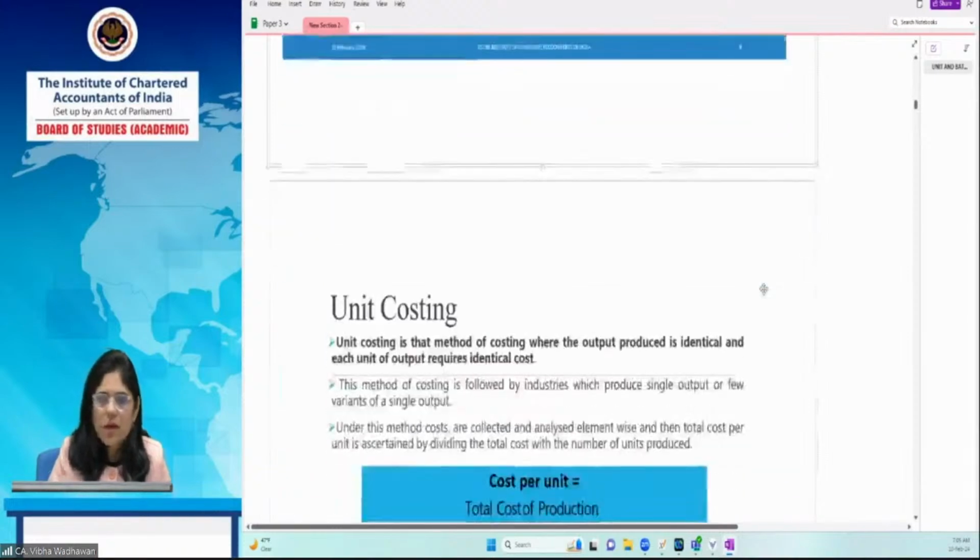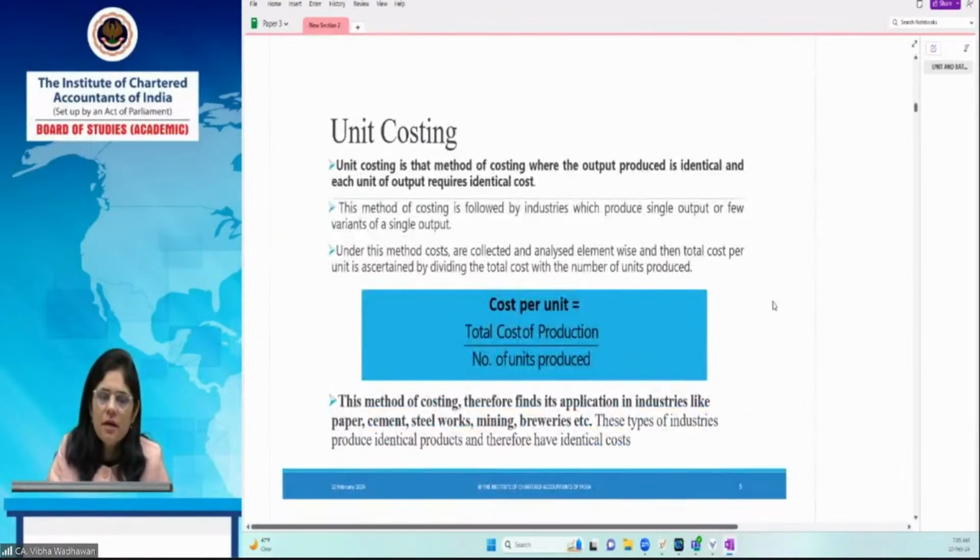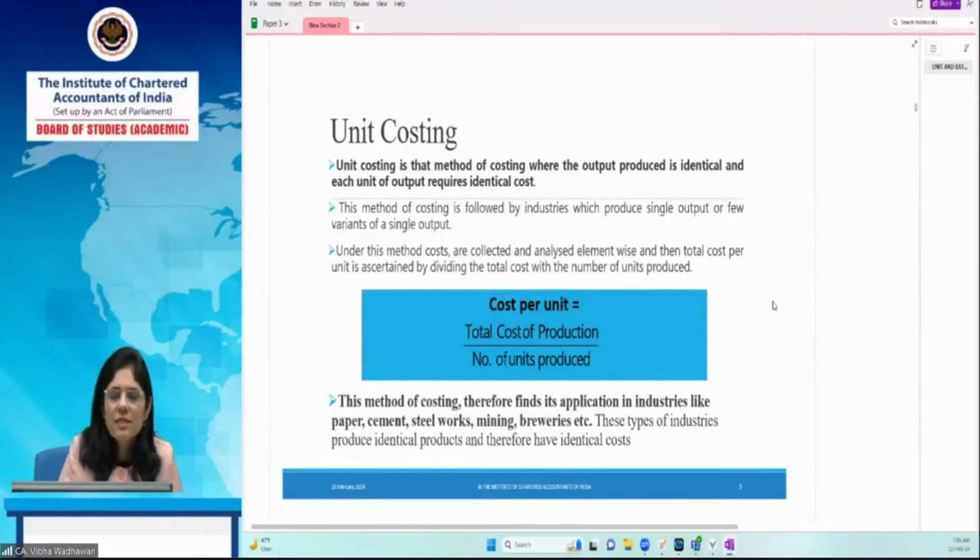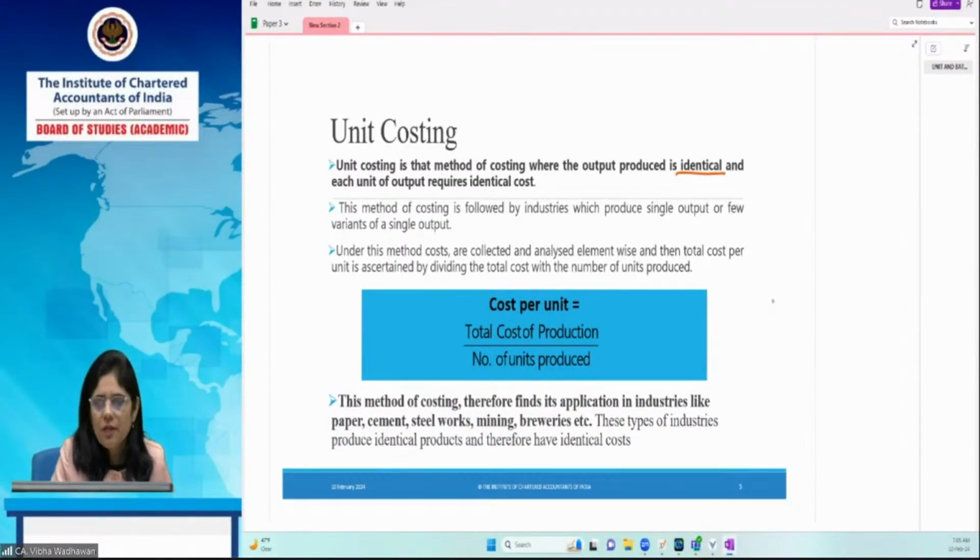Unit costing will be starting. Unit costing is that method of costing where the output produced is identical. Clear? It's a continuous production and each unit of output requires identical cost. Every unit of output is identical and requires the same material, same labor, same quantity of material. The costing is also identical.